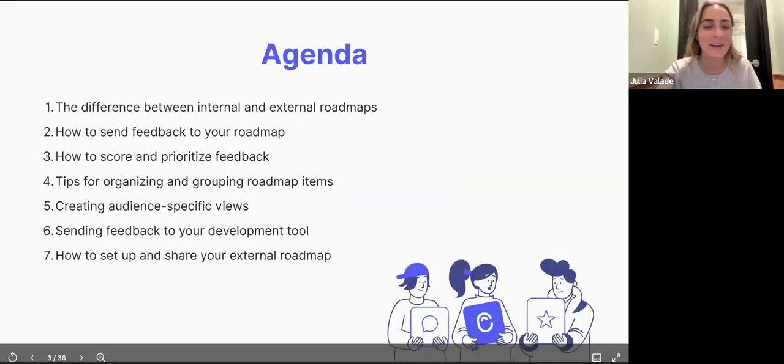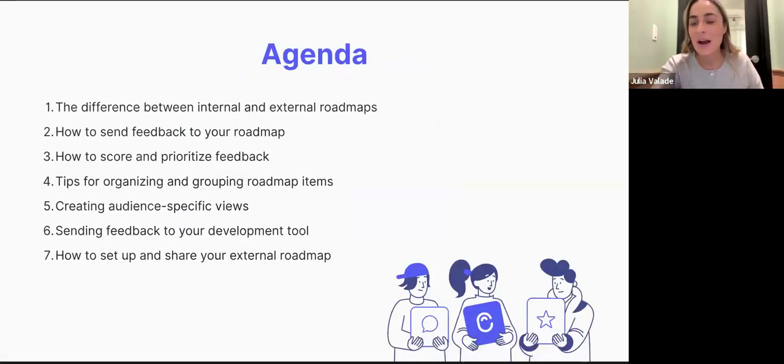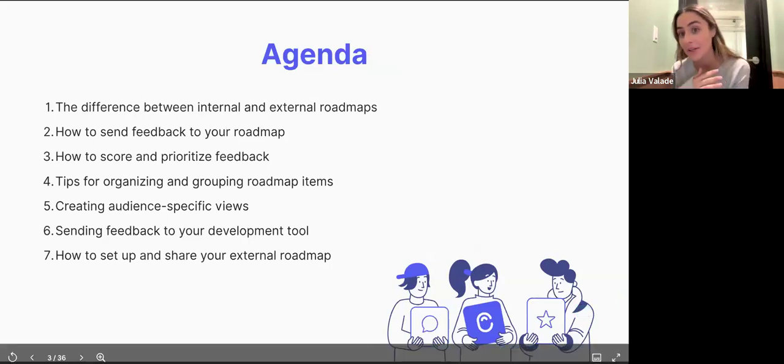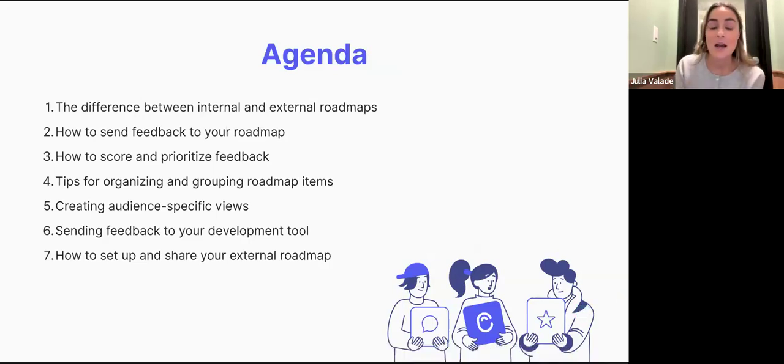Great, let's jump into it. I'm so excited to walk you through some tips on how to get the most out of roadmaps, along with a few insights into how we're seeing our customers use it. This session is to help you feel confident using internal and external roadmaps. First, we'll talk about the differences between internal and external.